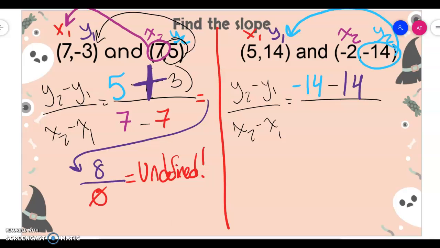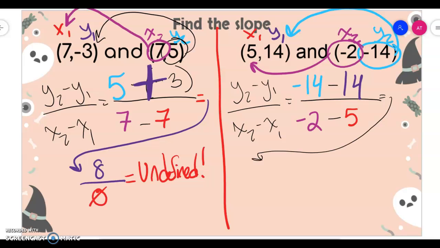Then on the bottom I have -2 and a 5. -2 minus a 5. Remember that the minus is in between them, in between the x's and the y's. You need to make sure you have it, because that's what the formula says. And we want to make sure we're doing the formula correctly.